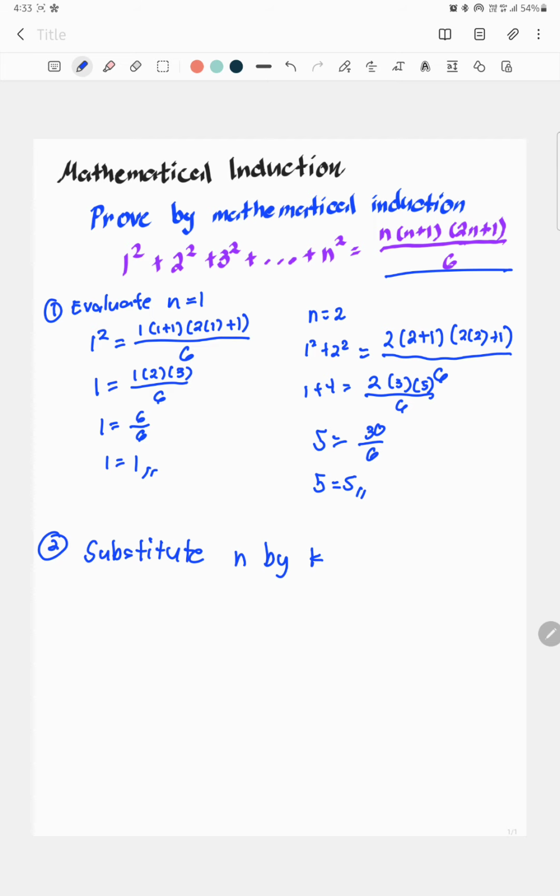Therefore, in the equation, we have 1 squared plus 2 squared plus 3 squared plus, continuing to k. Everything will be turning to k. So we are now working with k times k plus 1 times 2k plus 1, all over 6.